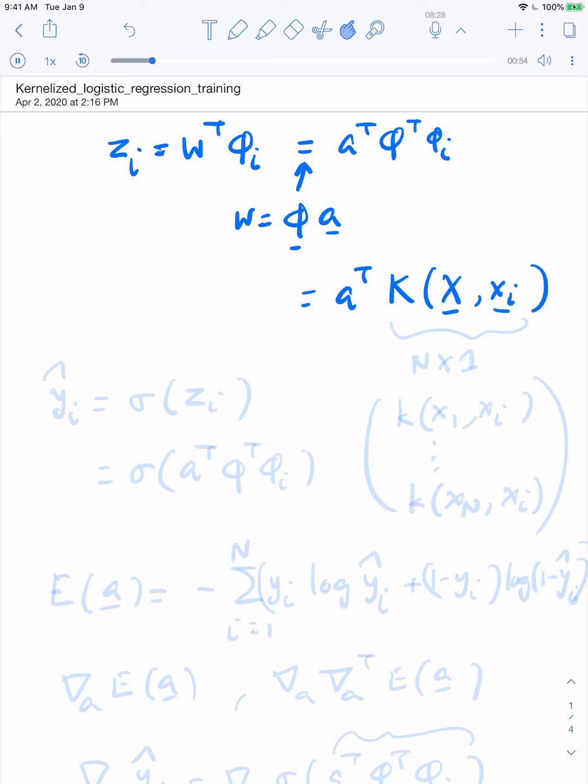This is the correlation between all the training feature vectors and the ith feature vector, an n cross 1 matrix of k(x1, xi) down to k(xn, xi). So that's what these zi's are.